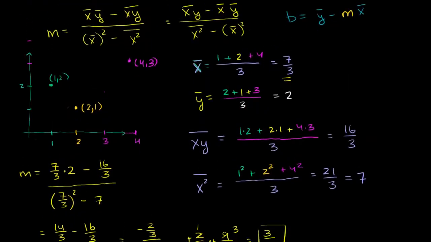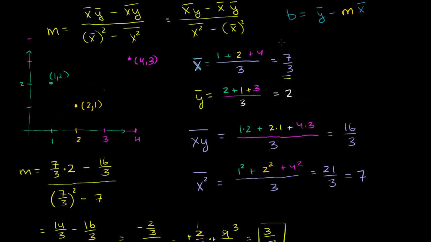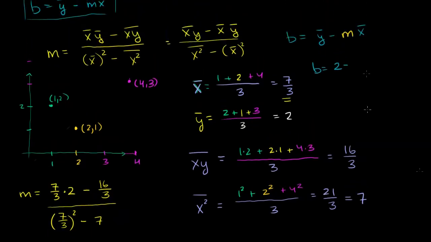So let's figure out our y-intercept using this right over here. Our y-intercept, b, is going to be equal to the mean of the y's, which is 2, minus our slope. We just figured out our slope to be 3/7. So minus 3/7 times the mean of the x's, which is 7/3. Well, these are the reciprocal of each other, so they cancel out. That just becomes 1.